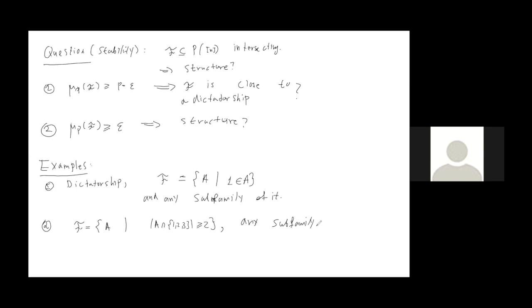I can go on with these examples, but I hope you see the pattern: there is some family which is obviously intersecting, by the way we defined it, and then we take any subfamily of that. In a sense, Friedgut showed that this is the only type of example that exists.